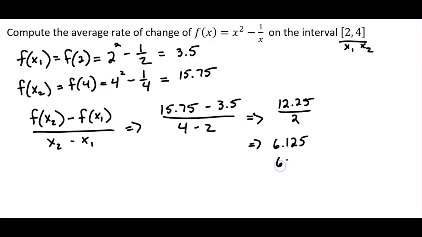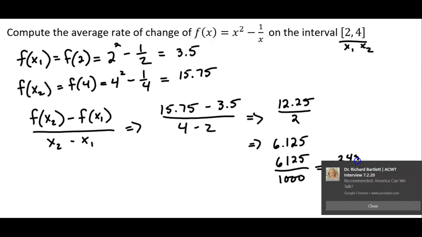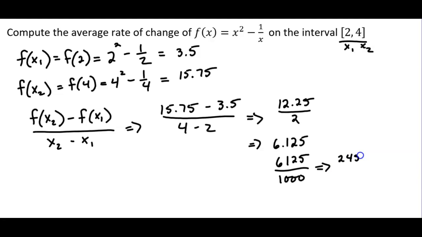Now, if I wanted to make that into a fraction, I could do that. So it'd be 6,125 over 1,000. We'll just have a little bit of fun here. So let's see if that's divisible by 25. It is. So you get 245 over 400.